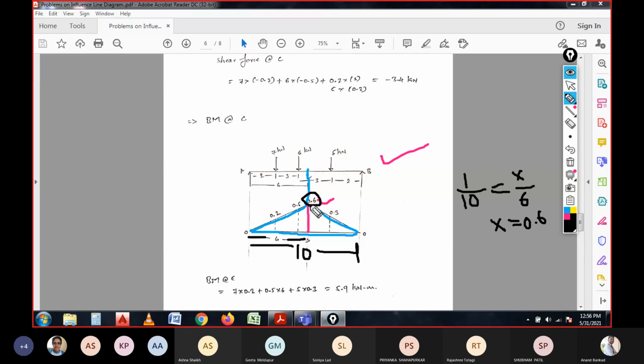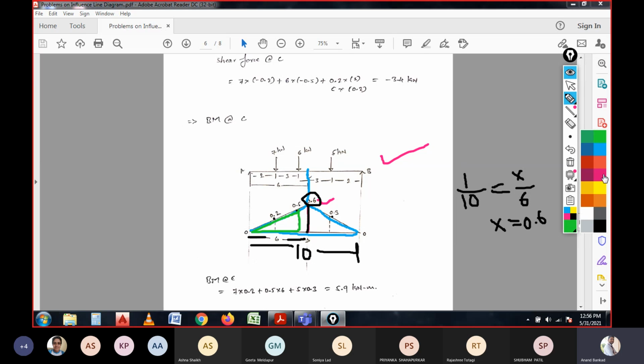So now if you got the apex, that is the coefficient value for this line as 0.6, it is time to calculate the remaining points. Again it is nothing but taking similar triangles at this point.